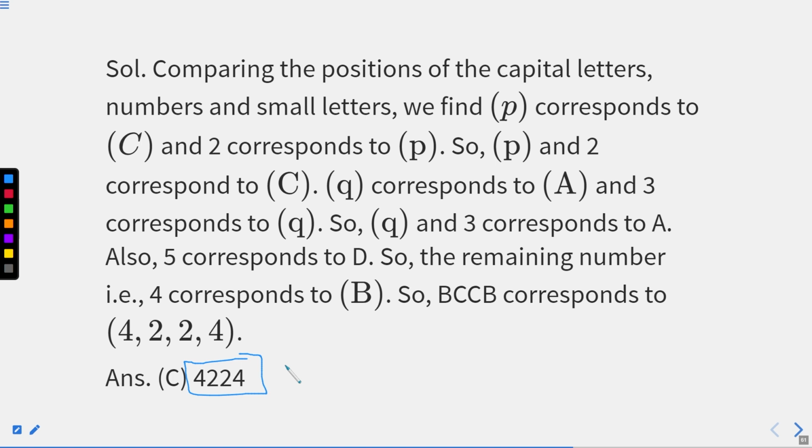Okay, for that we need to compare both the series and find their place values. In the last question that we have discussed 3 different series: alphabetical series with capital letters, alphabetical series with small letters, and the numerical series. Here we are finding the corresponding values of all the numbers, which eventually leads us towards our answer. I hope questions are clear till here.